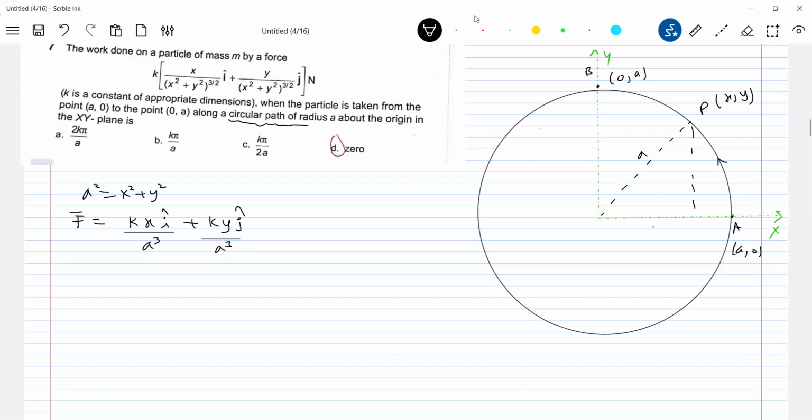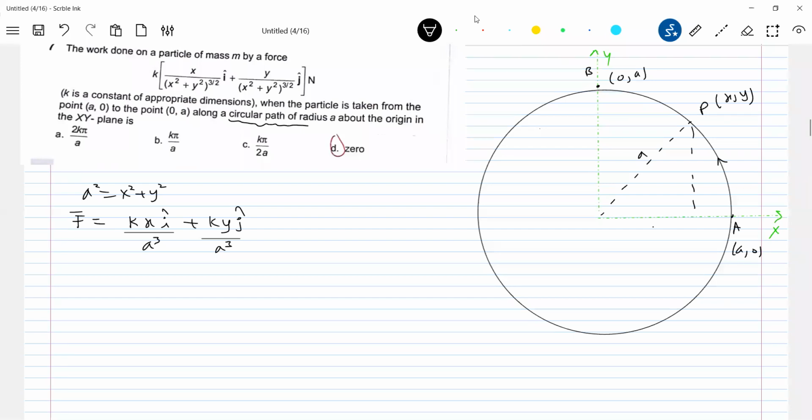Now it is a quarter circle. Okay, let's analyze how the force will be acting at all positions. Then we'll see mathematically whether I can bring it. And at point A we'll see.